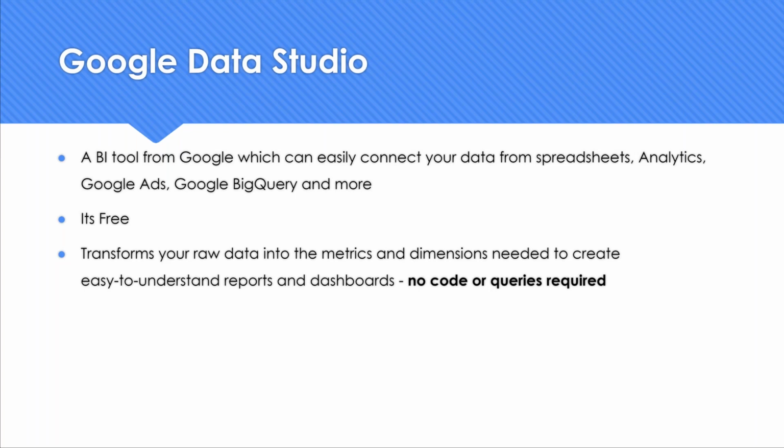And please note, it is not a GCP product, but it is a Google product. And that's the reason you will not see Data Studio in your GCP console. It was there, but they removed it recently.